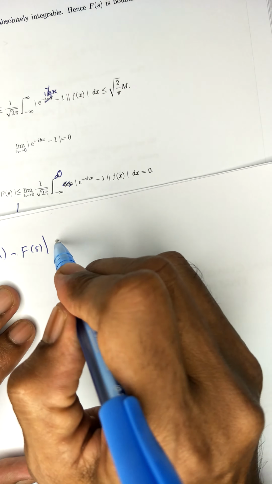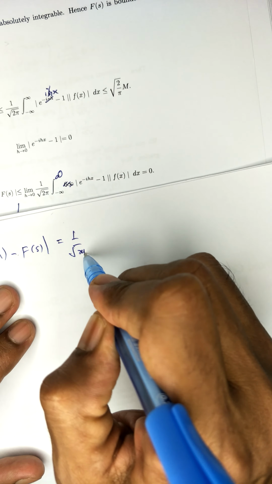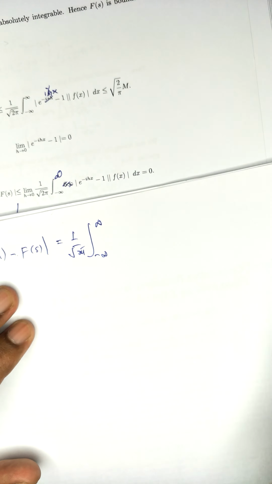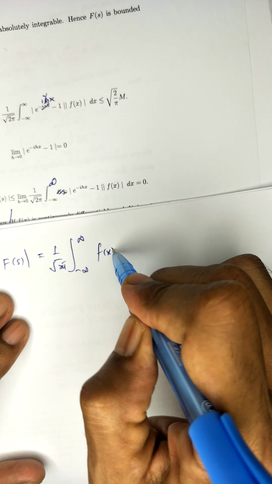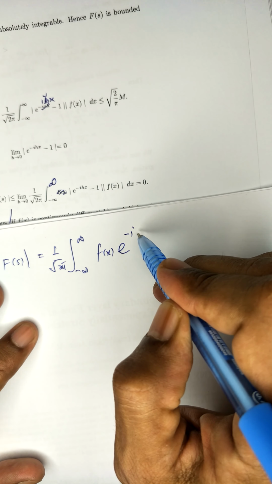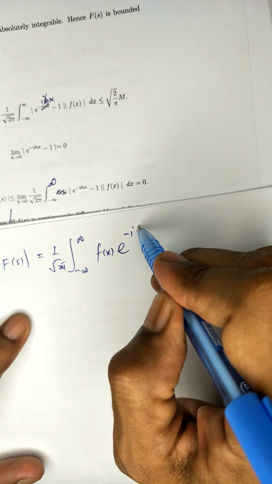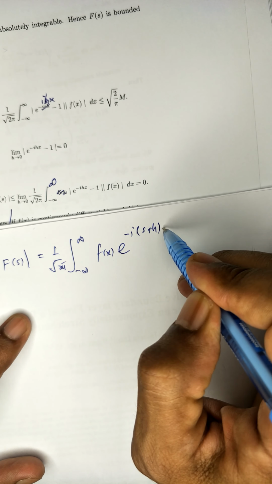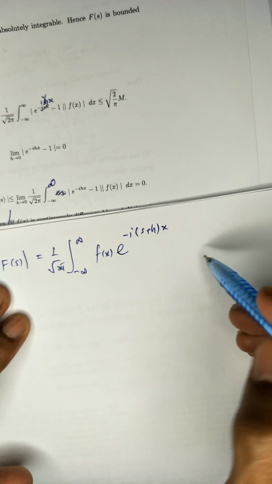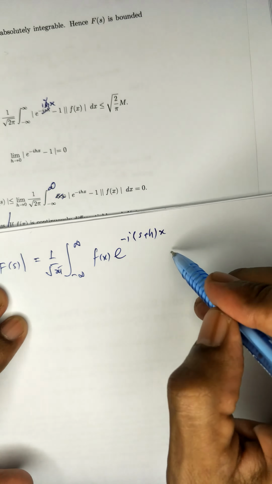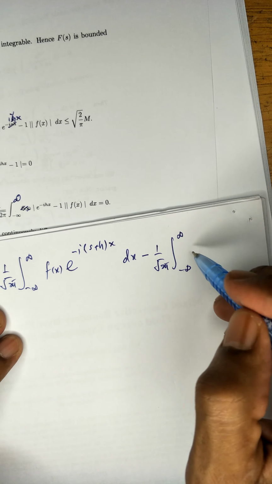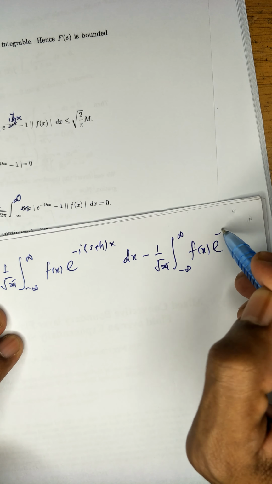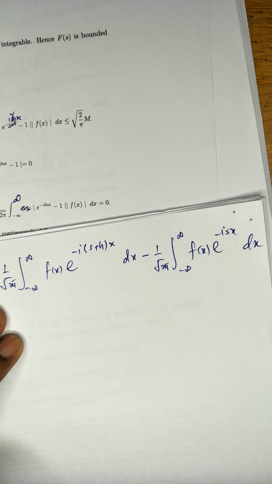By definition, this is 1 over root 2 pi, integral from minus infinity to infinity of f(x) e to the minus i (s plus h) x dx, minus that same 1 over root 2 pi integral from minus infinity to infinity of f(x) e to the minus i s x dx.